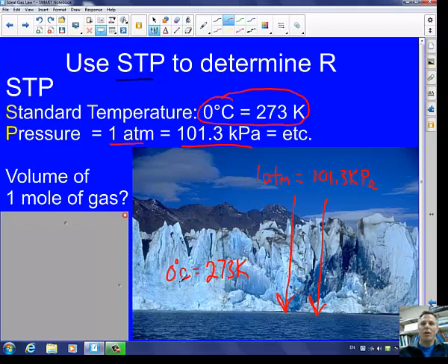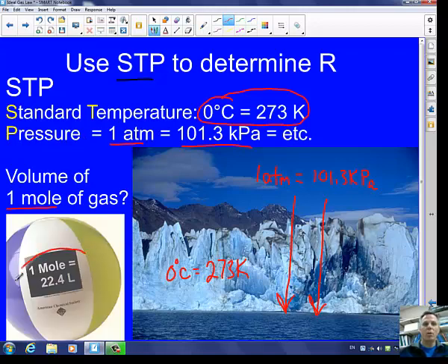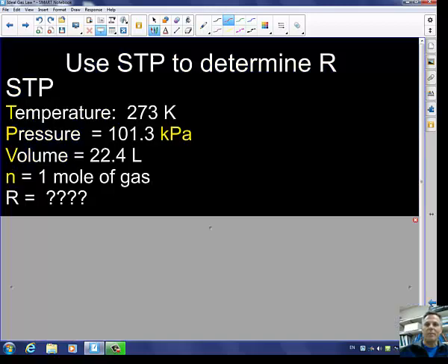So when we have standard temperature and standard pressure, what do we know about the volume of 1 mole of gas? Well, 1 mole of gas at STP conditions is going to occupy 22.4 liters of space. And that's going to be important as we go on to our next slide.